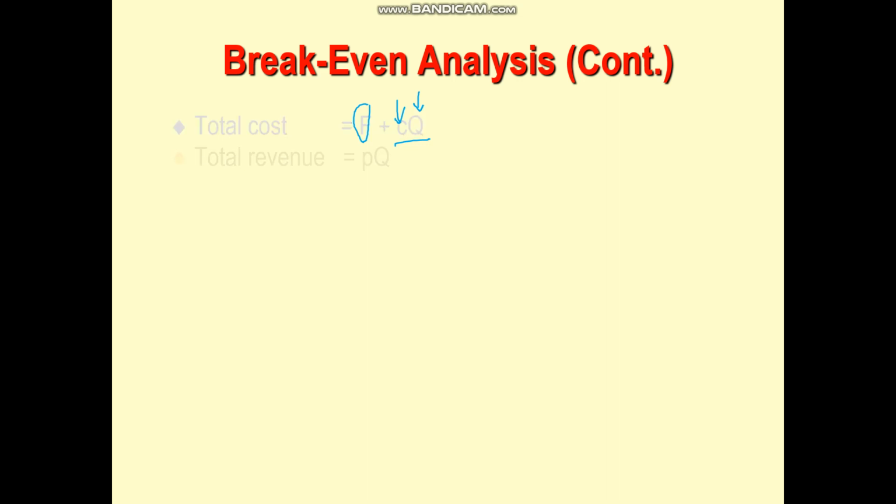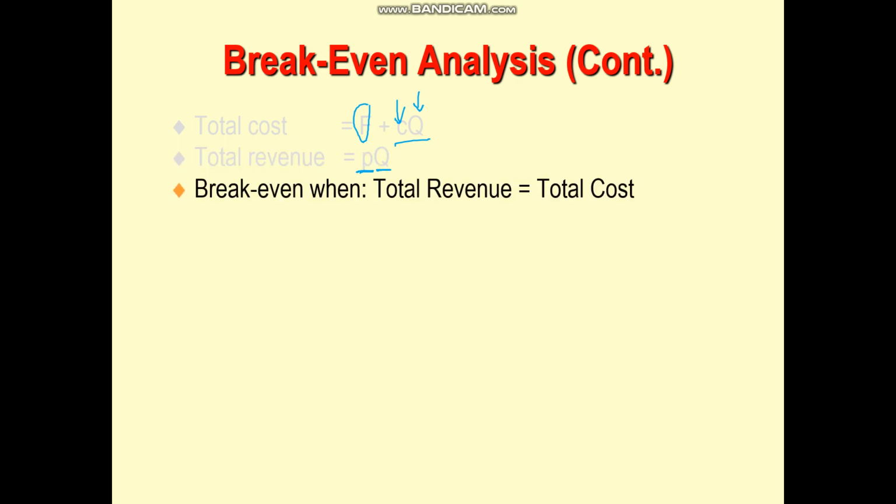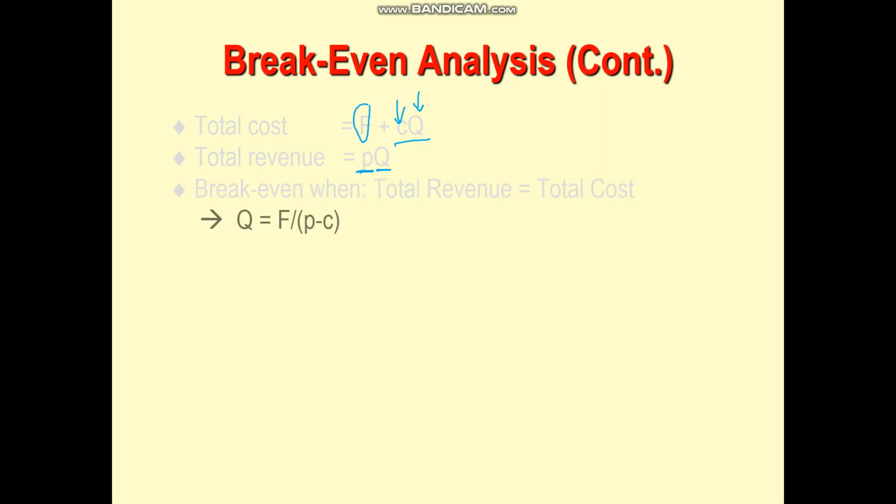We can calculate the total cost, and the total revenue is equal to the price of each item times the number of the product that we can sell, Q. So the break-even point is when the total revenue is equal to the total cost, and we have F plus CQ equal to P times Q. So we can calculate the break-even quantity is equal to the fixed cost divided by the price minus the unit variable cost. Okay.